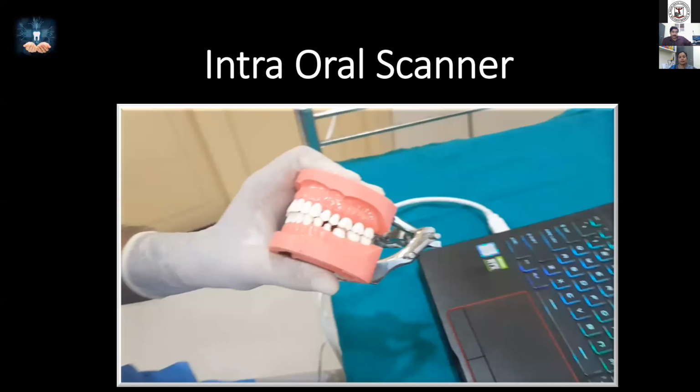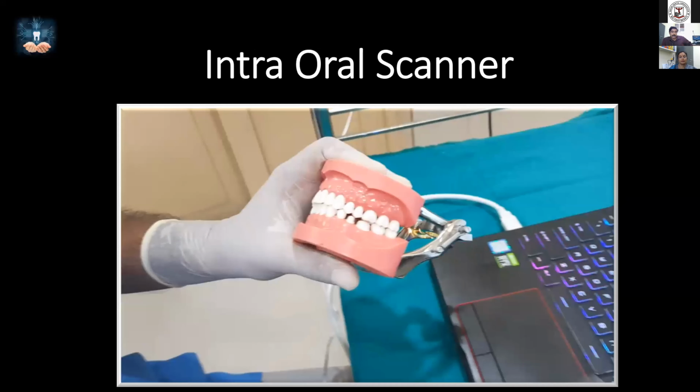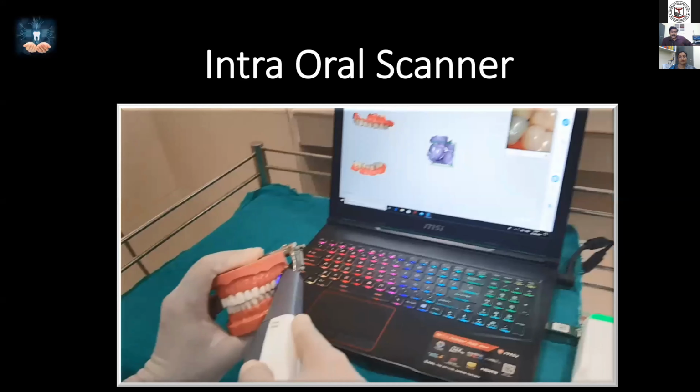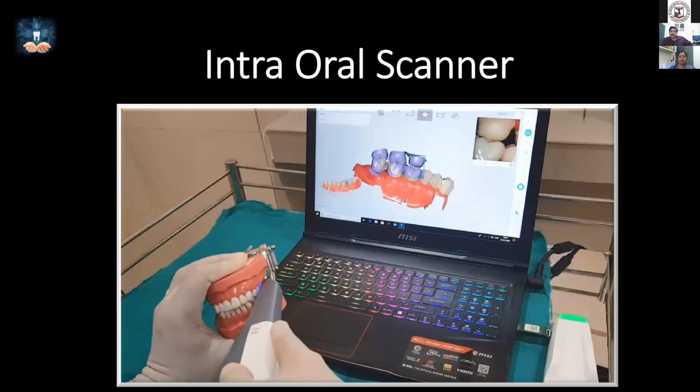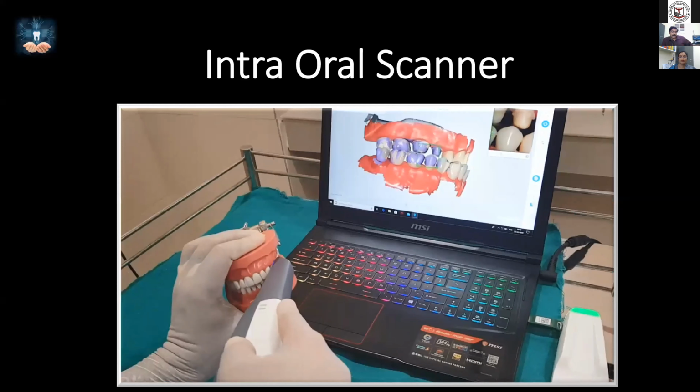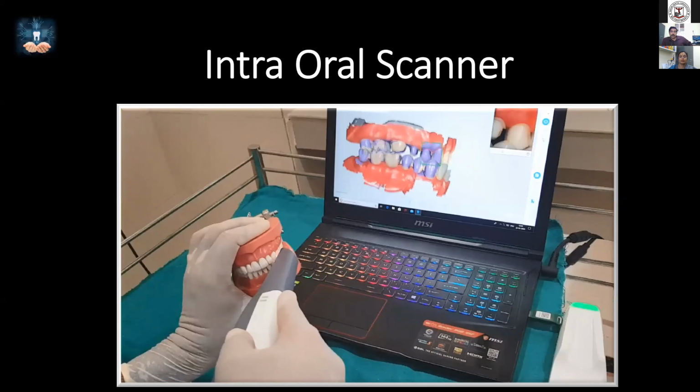Now we'll go for occlusal recording. Ask the patient to bite in centric occlusion. Scanning is done on the buccal side. Around 500 frames are required to match the occlusion.